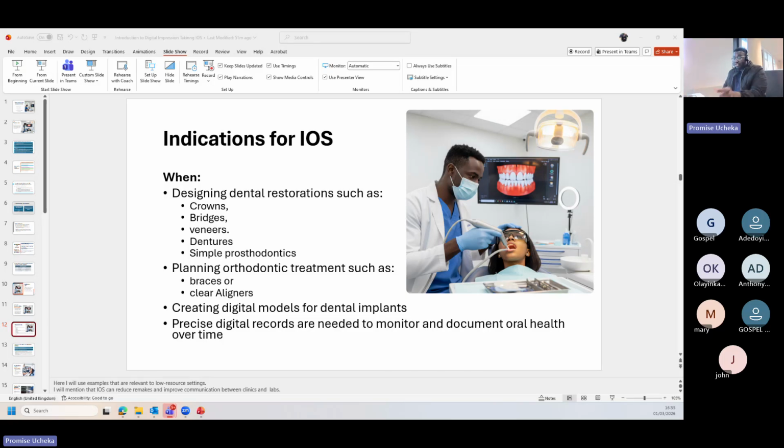You can use that to track improvement, pre and post treatment, and even into the future. Intraoral scanners can also be used in that instance.